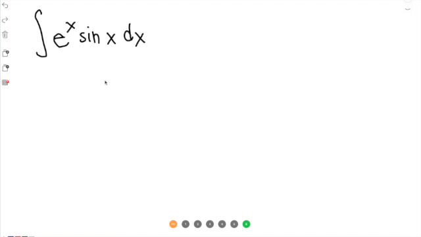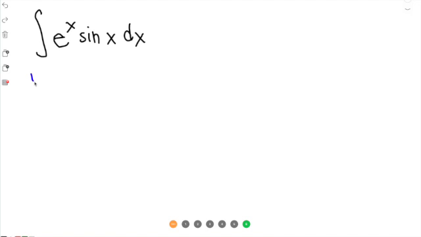Now that we know that we can just write e^x as its derivative and its antiderivative, right? But now that we have learned the technique for identifying what should be chosen as u, which is LIPET, this is exponential and this is trigonometric.